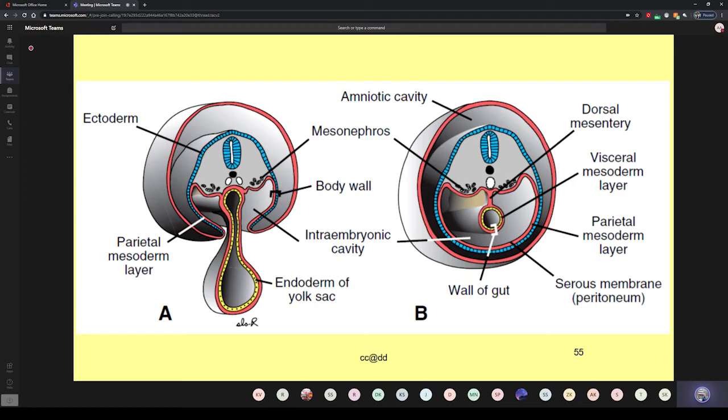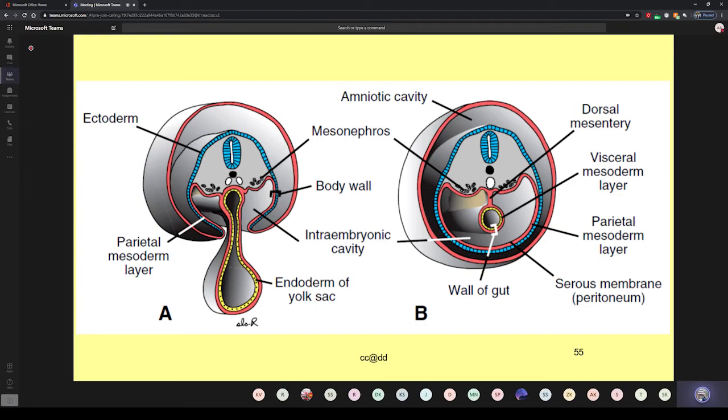And you can see that the intraembryonic cavity is now being lined by a mesoderm, which is now divided into a visceral and a parietal layer of mesoderm. So this is derived from lateral plate. Actually, when you read the mesoderm, the three divisions, paraxial mesoderm getting derived is fine with its three components.